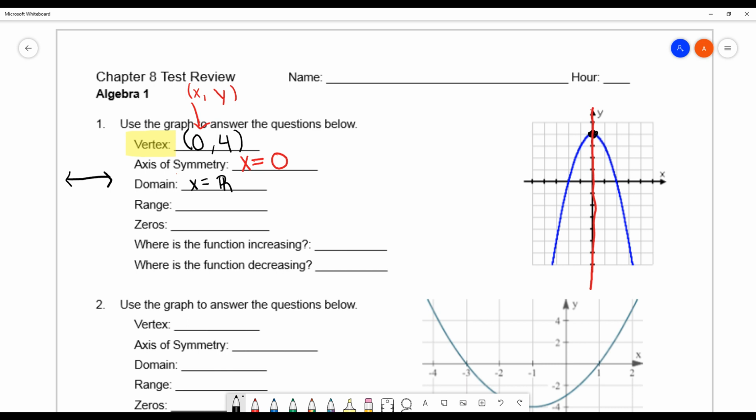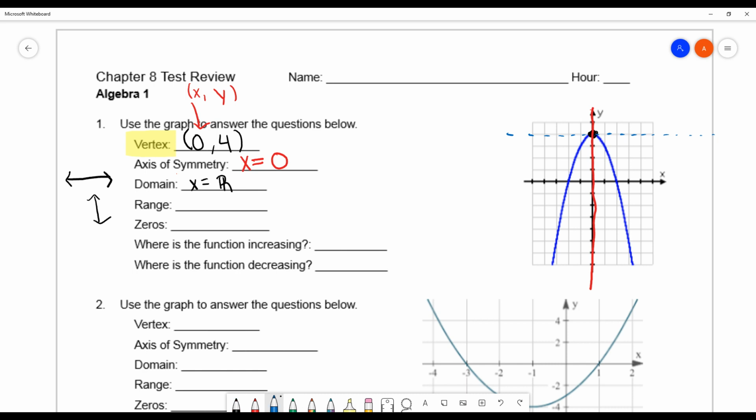Okay. The range of my graph here, we have to be a little bit more careful with. So I want us to go back to my parabola. We said that the vertex was at this point right here. Notice how the graph stops at the vertex. So it's never going to go above that point, meaning that my up and down values in my graph, because remember, domain is left and right, range is up and down.